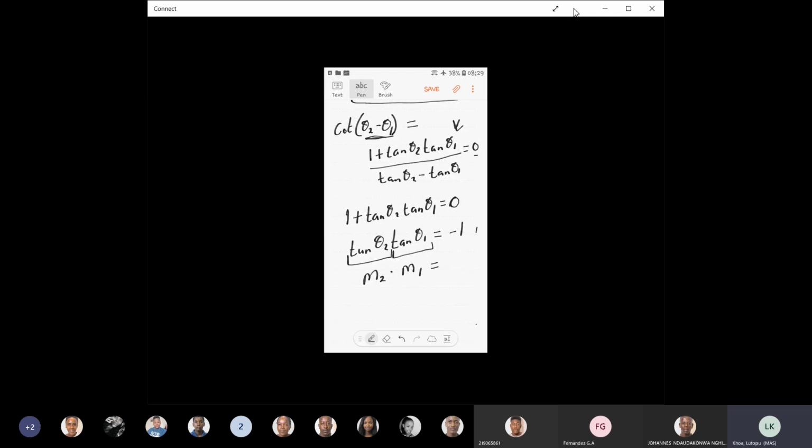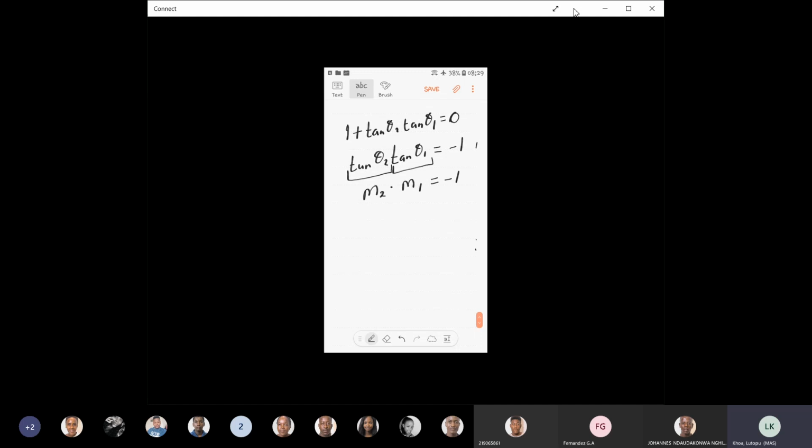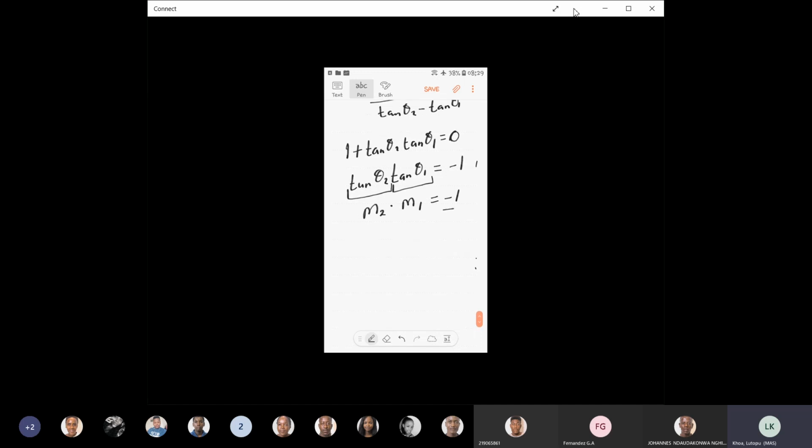So I have m1 times m2 equal to minus 1. So two lines are perpendicular if the product of their gradients is equal to minus 1. We can also have m1 equal to minus 1 over m2. Okay, so that is what we have. I think we'll stop with this result for today.